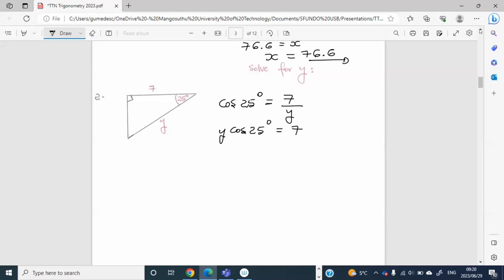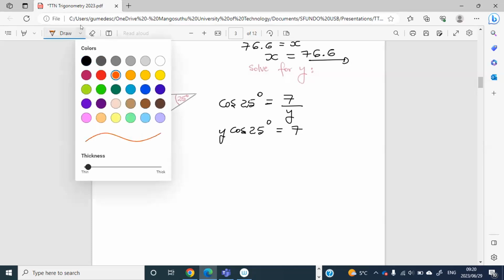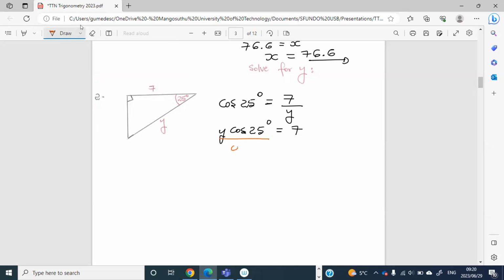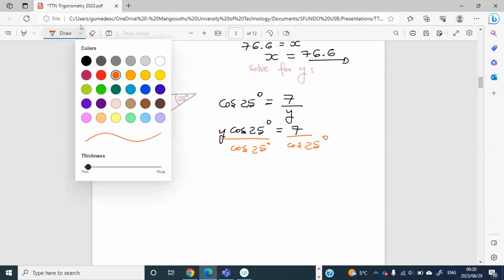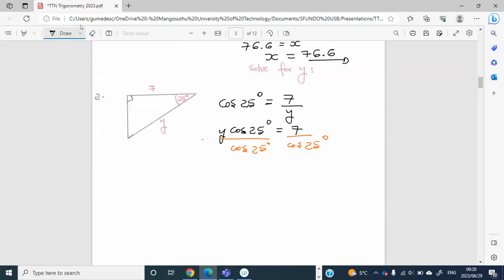Now we want to solve for y. The problem that we have is this cos 25. So you can divide by cos 25 degrees, both sides. So cos 25 and cos 25 divide each other, then we have y equal to 7 over cos 25 degrees.